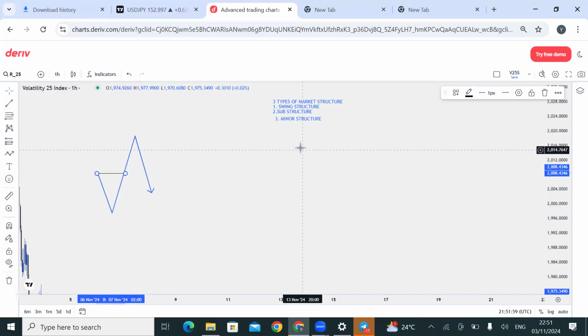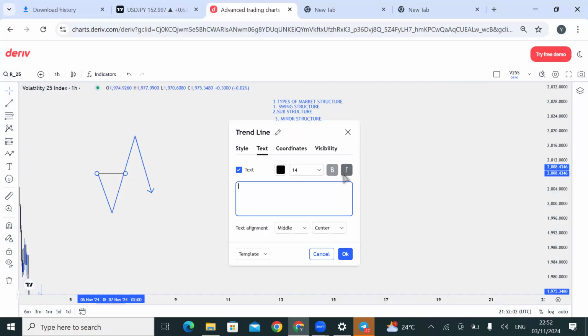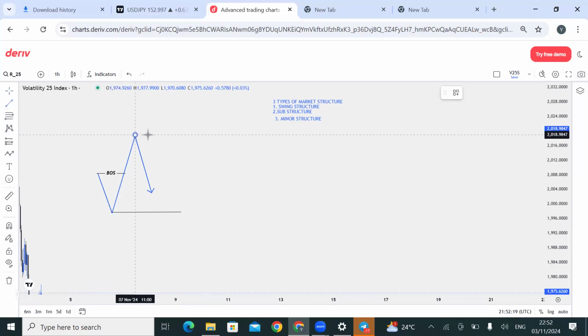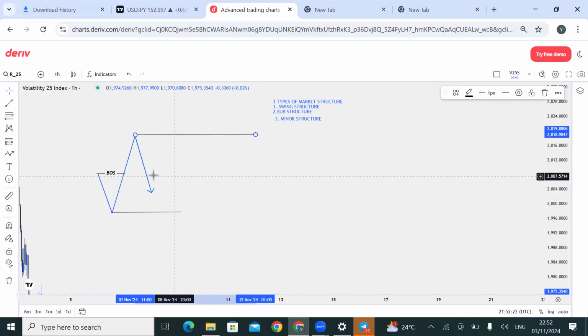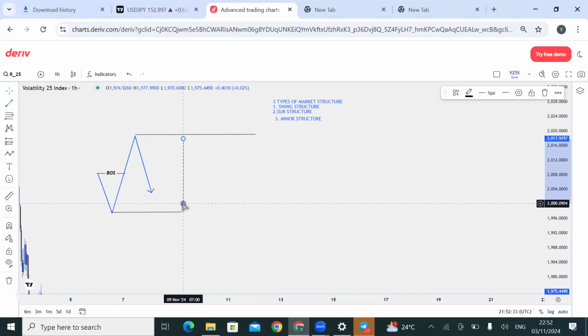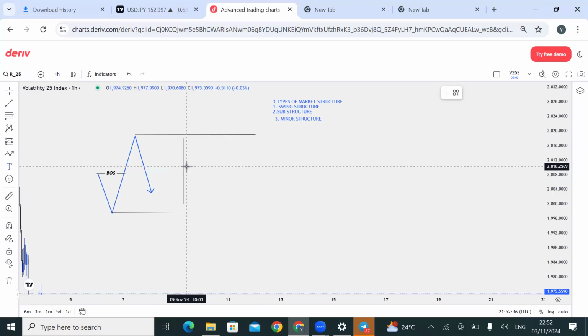It's a break. Then we have this low here. As I said, any sharp edge is also a liquidity point. And this high here is our swing structure.